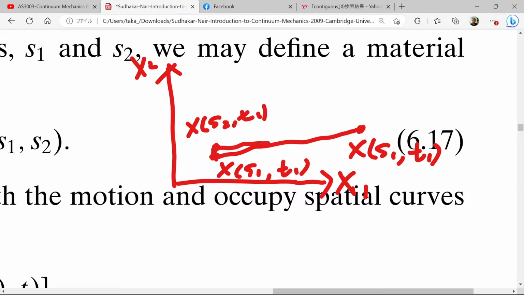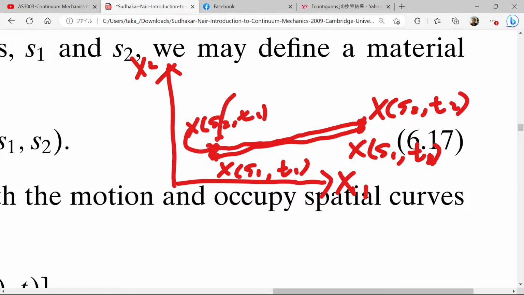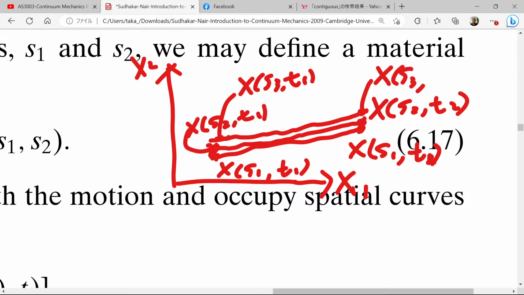You can also change to another point, x s2 t2. Then the third one is x s3 t1, which you can change to x s3 t2.